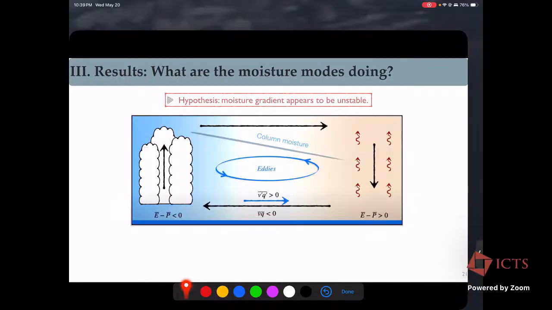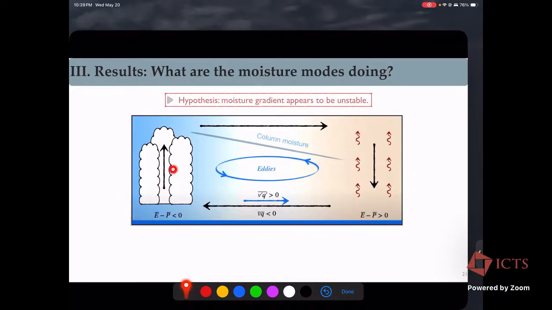Perhaps we can better explain the role of these moisture modes in the general circulation by using this schematic. This is the schematic of the ITCZ and the Hadley cell, in this case represented by this overturning circulation, with more moisture and more precipitation over this region, and less moisture and less precipitation over this region.